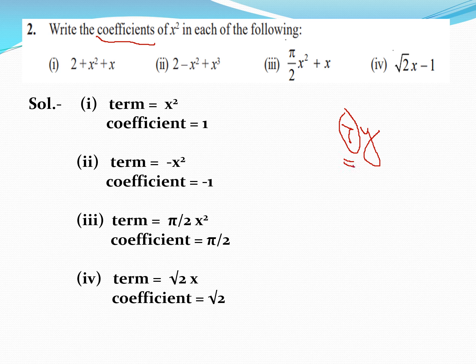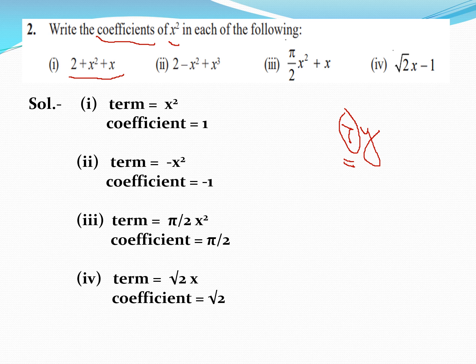Now in the same way we have to find out the coefficient of x square in each of the following. Let's take the first part. The first part is 2 plus x square plus x. In the question they have asked us to find the coefficient of x square, so we will see the term which involves x square. Now this polynomial consists of three terms.